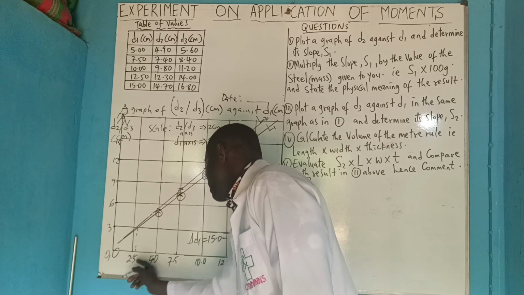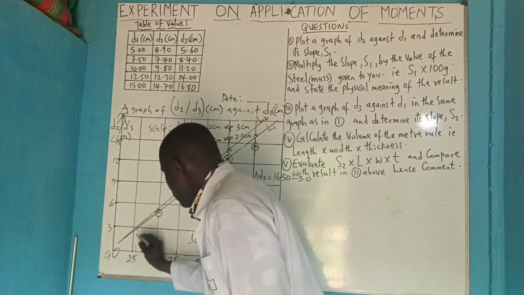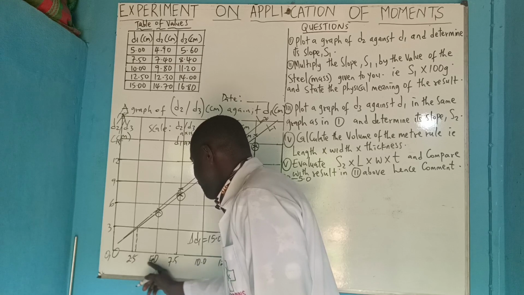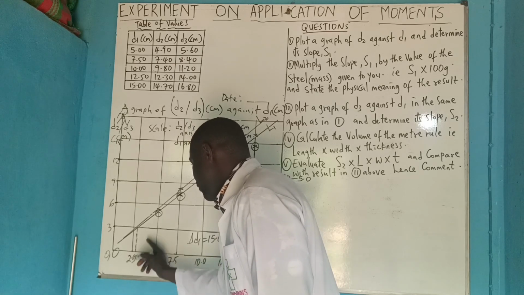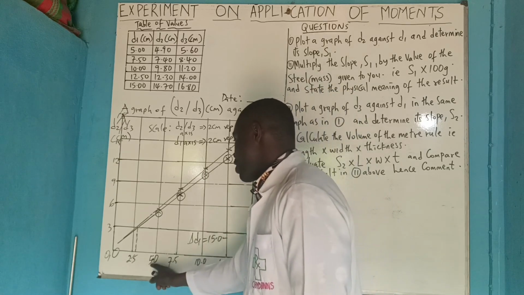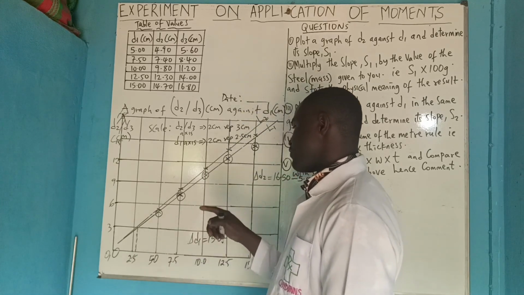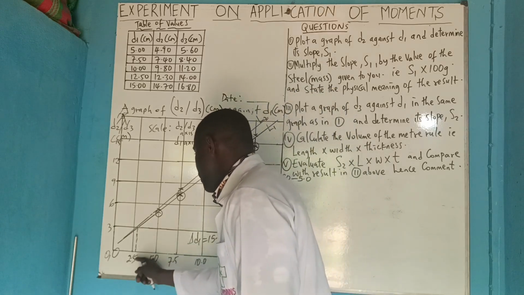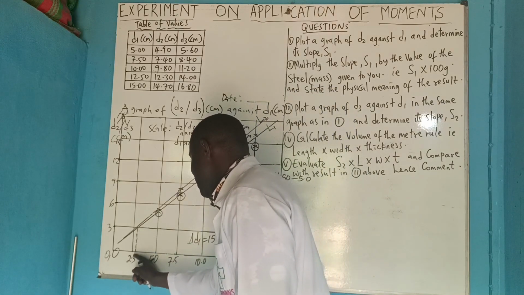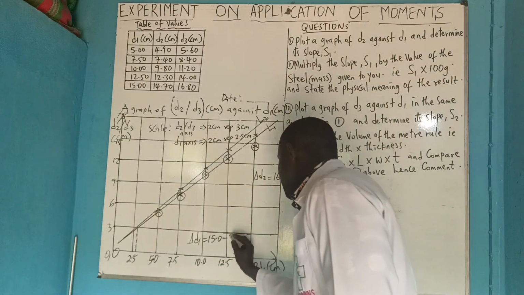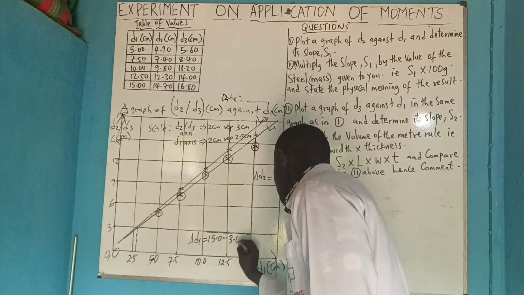So let's say this point is 2.5 and here is 5. Half of this is about 3.75, because this plus this is 7.5. So 3.75. Before the half, let's say here to be 3.0.